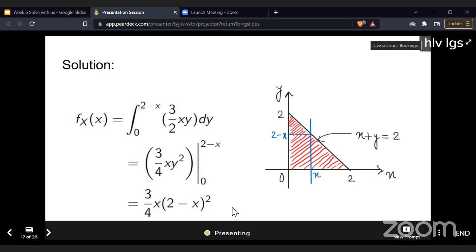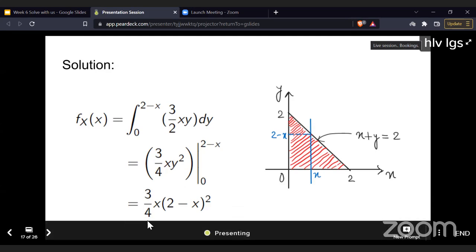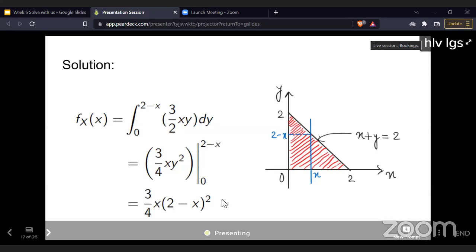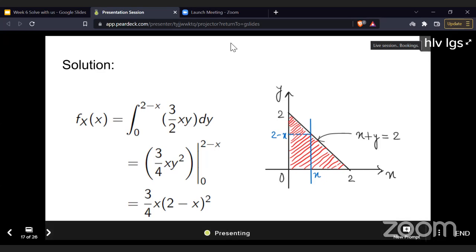Since this is a continuous random variable, we cannot sum it. In place of summation, we'll do the integration. If you integrate this f of x over the interval 0 to 2, you will see that it will come out to be 1. So the sum of f of x over this whole range of x should come out to be 1.